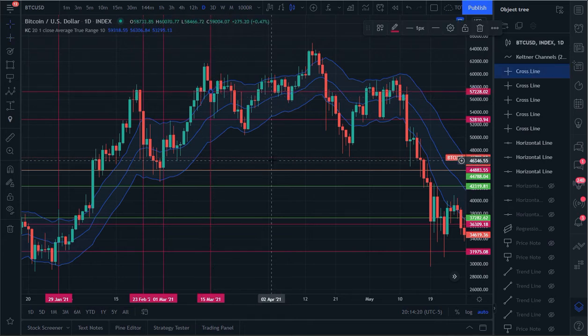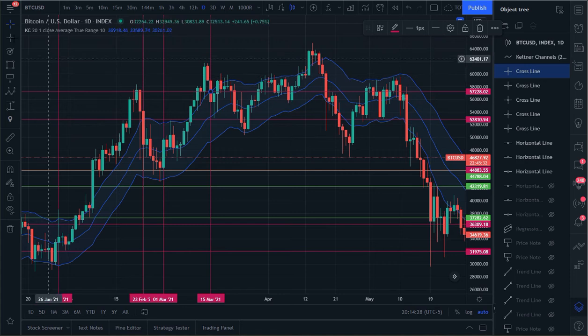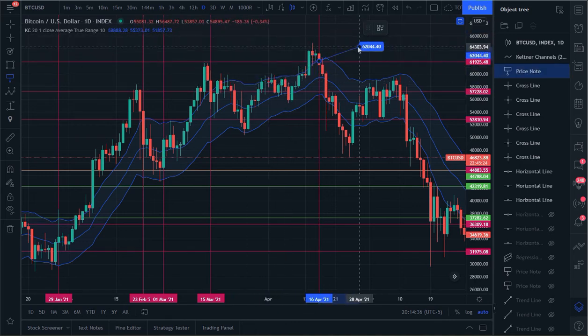So let's say 25% of my position. And then here I will see that again I can take profit here. Again. So let's put some price labels. I will take profit here, very near to the all-time high.